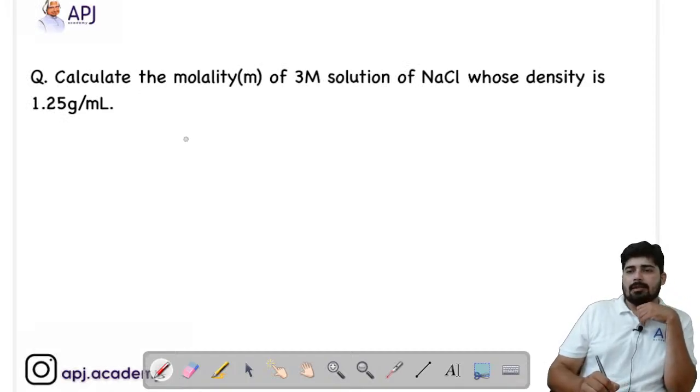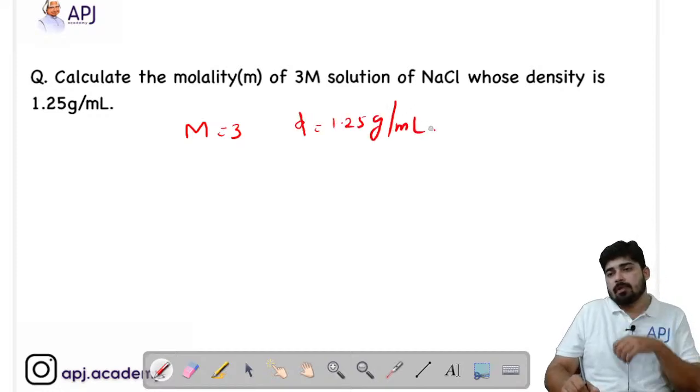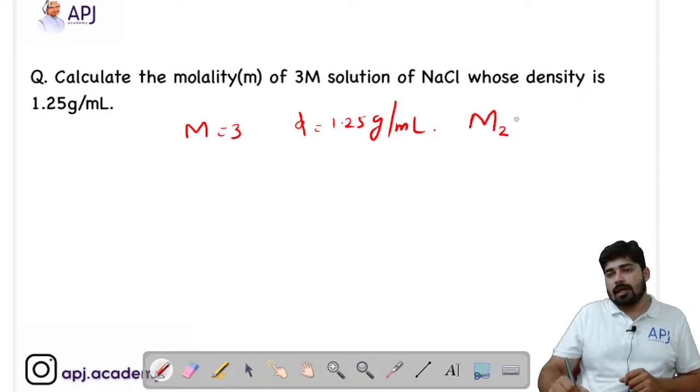Calculate the molality. The molarity is given as 3, NaCl is the solute, and density is given as 1.25 gram per ml. Now what is the molar mass of NaCl? It is 23, the gram atomic mass of sodium, plus 35.5, that is equal to 58.5.